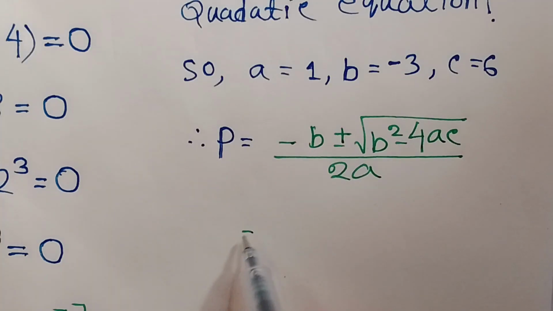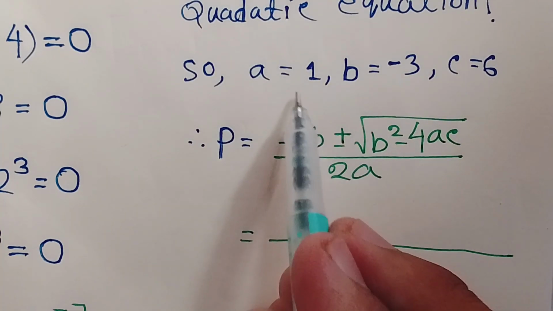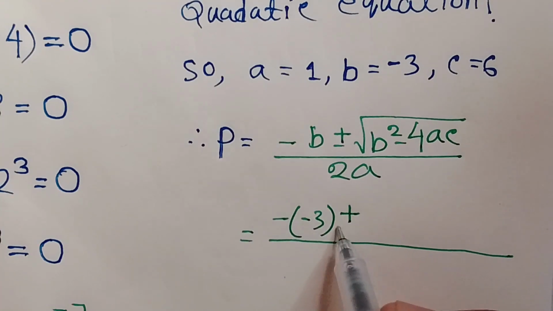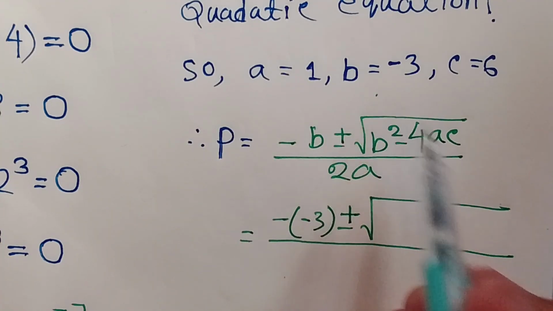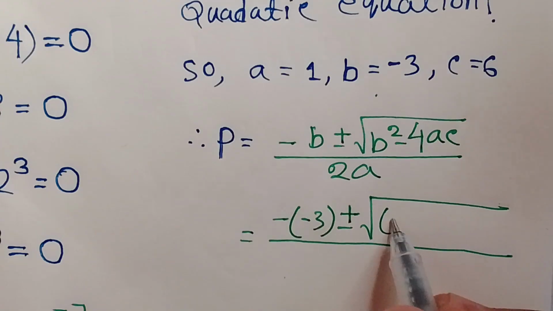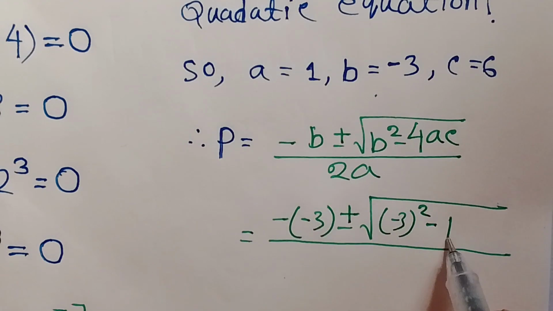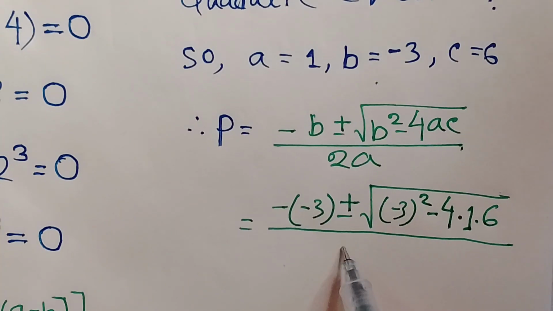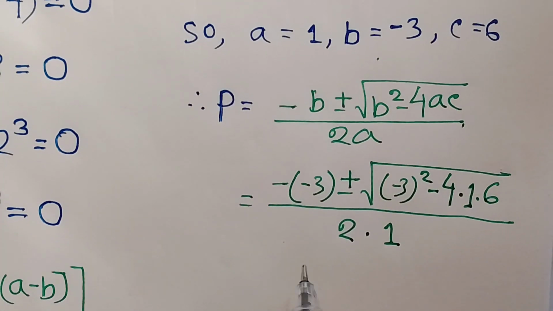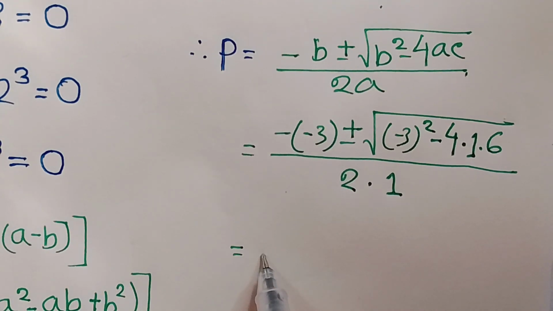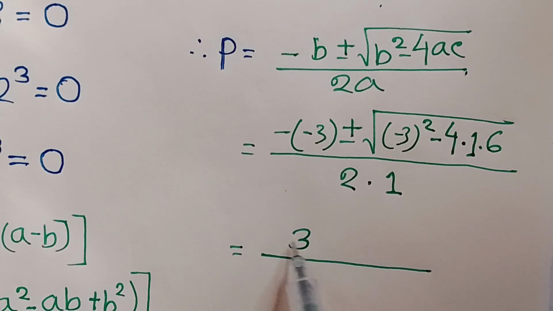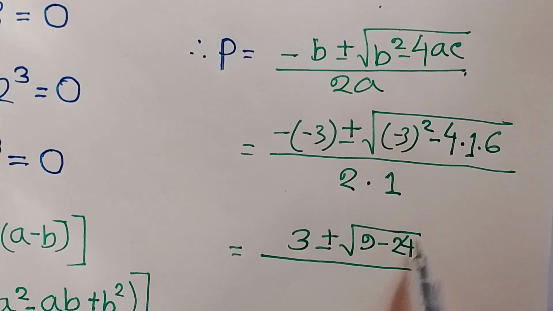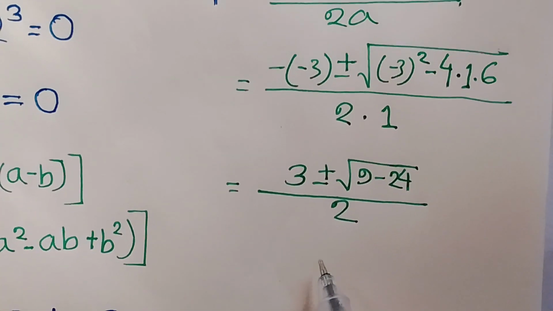So now we have to just replace the a, b and c values in this formula and simply calculate it. Then we get the other two values of p, p2 and p3, with 2a. Now we can write it like minus and minus will be 3 plus minus root over 3 square will be 9 minus 24, by 2.